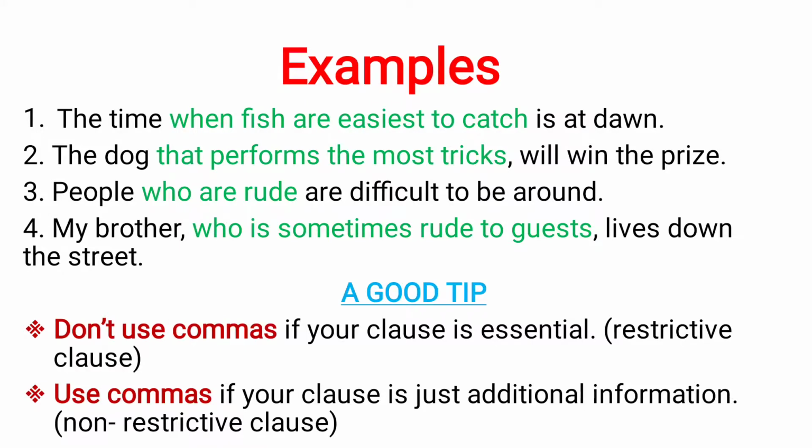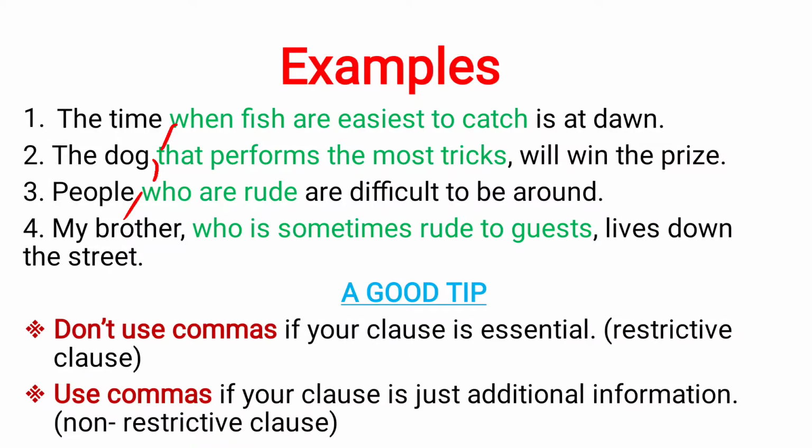I hope you have understood what adjective clauses are and what restrictive and non-restrictive adjective clauses are. Now, at the end of this video, I would like to give you a very important tip. Most children get confused about whether we need to put a comma after our subject or not.